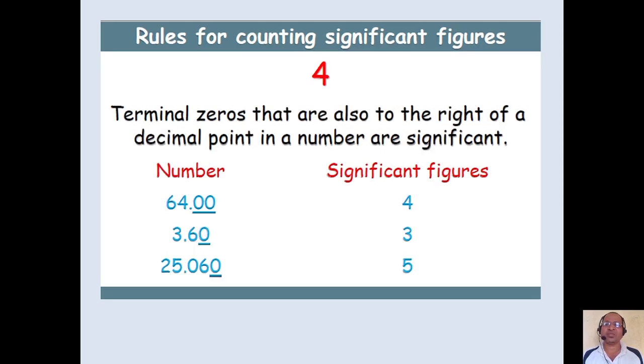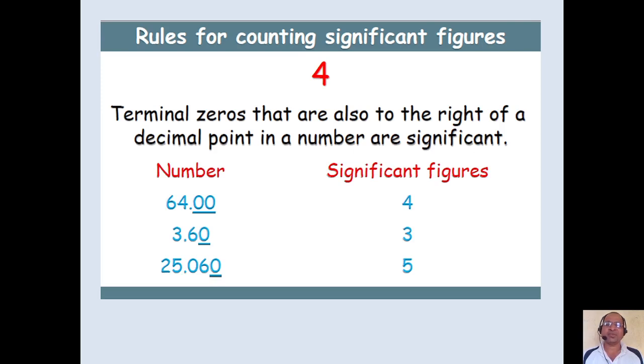Fourth rule gives terminal zeros with decimal places. Terminal zeros that are also to the right of a decimal point in a number are significant. We have seen earlier that terminal zeros without a decimal are not significant. Now rule number 4 says that terminal zeros with decimal places are significant.